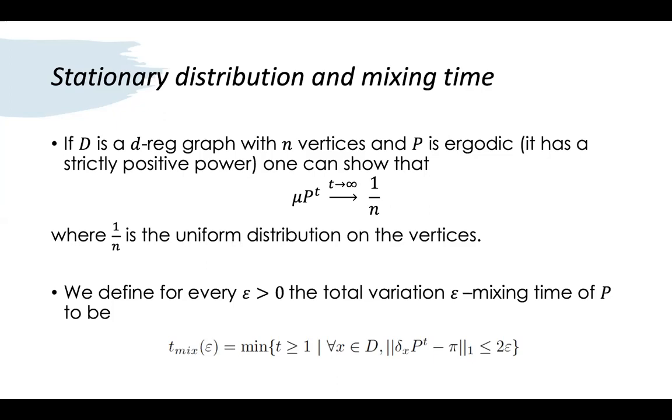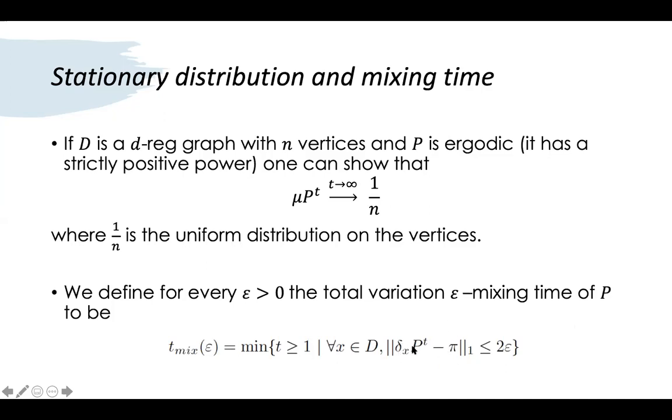And for this analogy to work, you need to define what is called the mixing time. So for any number, if you want to be 0.1 close, so epsilon will be 0.1, for example, in total variation to the uniform distribution, the mixing time is the first occurrence, the smallest power of the matrix, such that no matter what the probability distribution was at the beginning, here I just took the Dirac measures, but it's enough to take the Dirac measures.